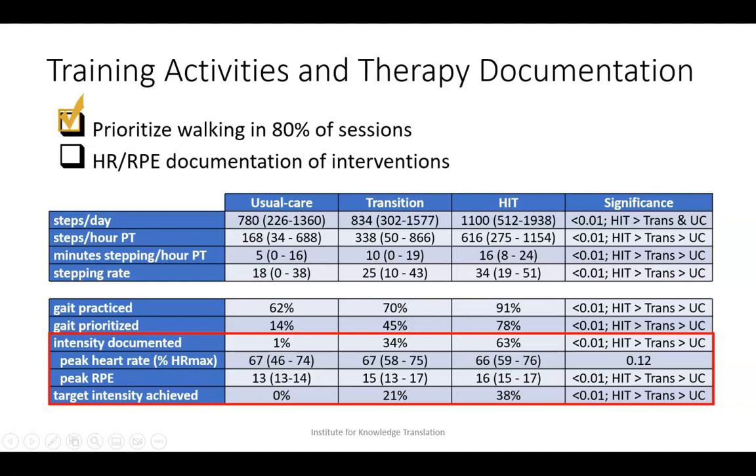So again, practice changes related to intensity from usual care to transition, and then additional practice changes from the transition to the high intensity training. So we're also going to give a yellow one there because we have the practice changes, but we really have no idea what's feasible for achieving for the cardiovascular intensity in these patients.